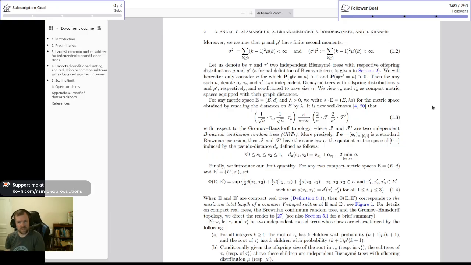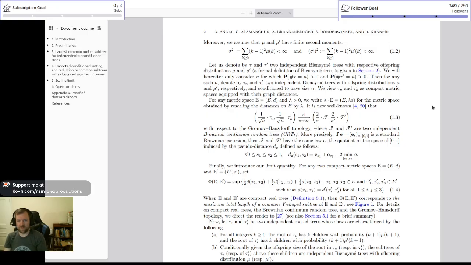It's now well known that (1 over root n times tau n, 1 over root n times tau n prime), as n goes to infinity in the Gromov-Hausdorff distance, goes to (2 over sigma times fancy T, 2 over sigma prime times fancy T prime), two independent Brownian continuum random trees, CRTs.